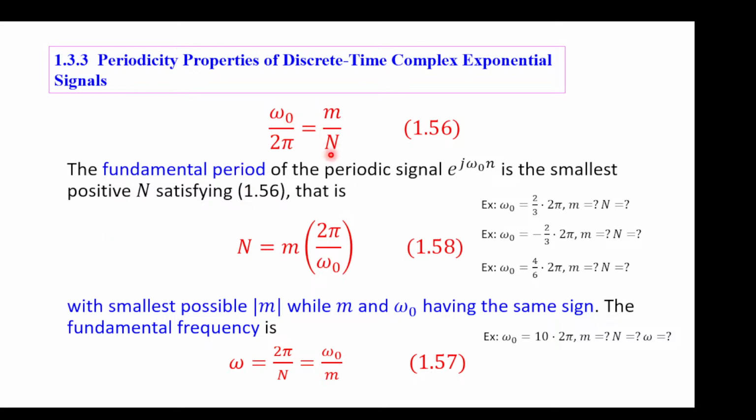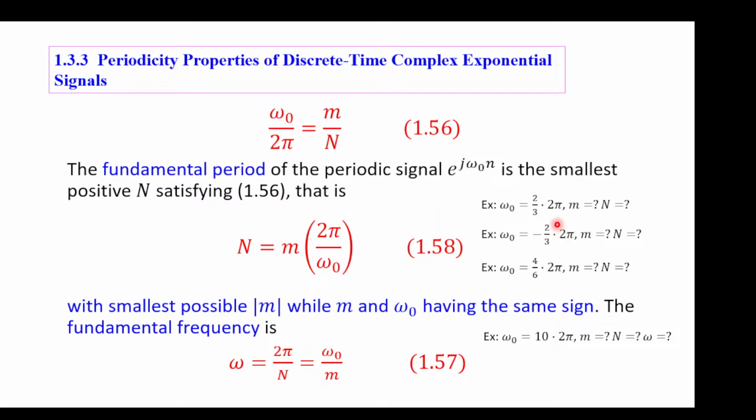The fundamental period is the smallest possible N that satisfies this. Okay, so you move things around, and you see big N is the smallest integer that is some integer m multiplied by 2 pi divided by omega naught. And hopefully, can people still see this? It is quite small. I guess I will spell them out.